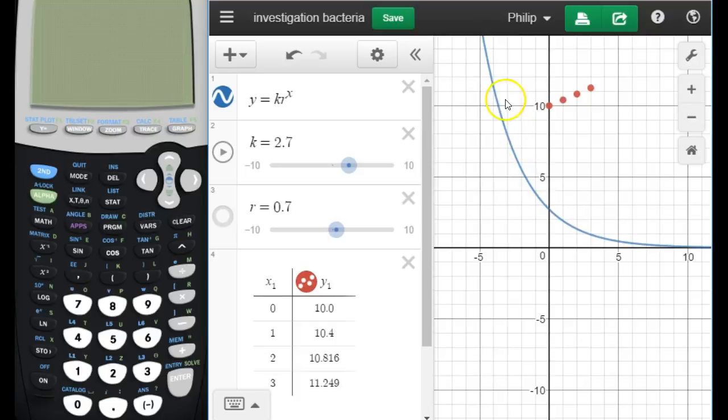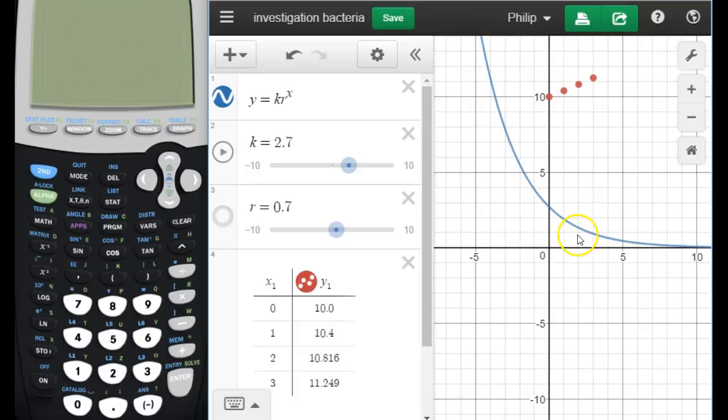Okay, when r is less than 1, it slopes down. And when r is greater than 1, it slopes up. Okay? And when r is negative, the thing just disappears. So when r is negative, no graph.